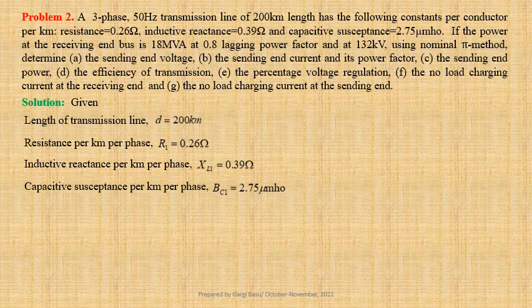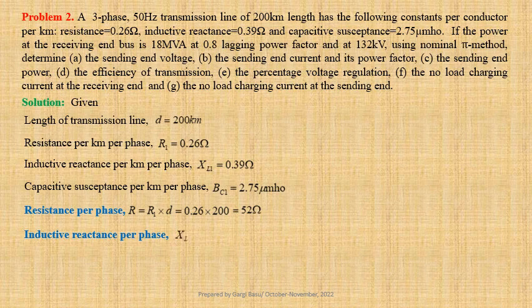Let us now calculate resistance per phase. R equals R1 into D. Using values we get 0.26 into 200, that gives us 52 ohm. Inductive reactance per phase, XL equals XL1 into D. Using values we get 0.39 into 200, that gives us 78 ohm.